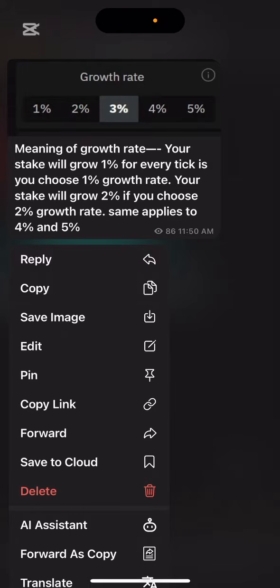If you choose a growth rate of 1%, and you trade with a stake of $5, then for every single tick that the market moves, your stake will grow with 1%. If you choose a growth rate of 2%, it means that every single time you put a stake with $5, the $5 is gonna grow with 2%. The same for 3%, 4%, and 5%. Don't worry, I'm going to be showing you how to use this growth rate in this strategy.